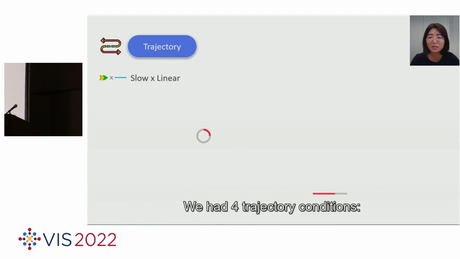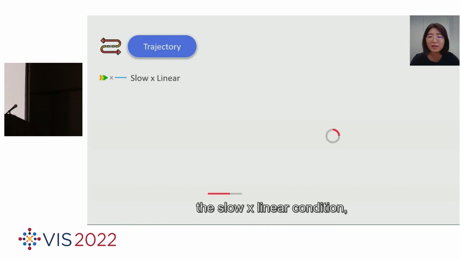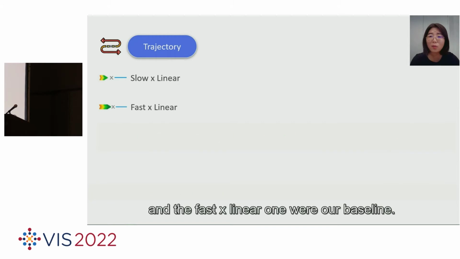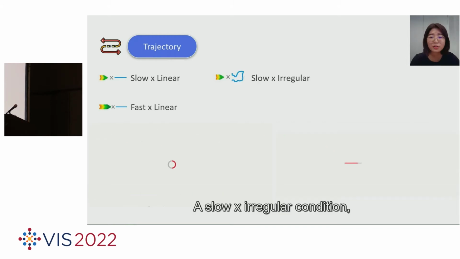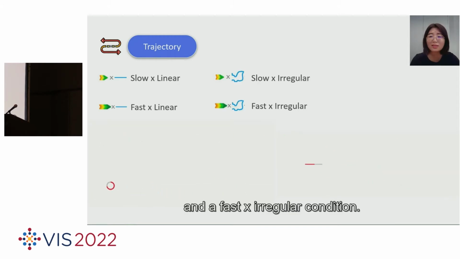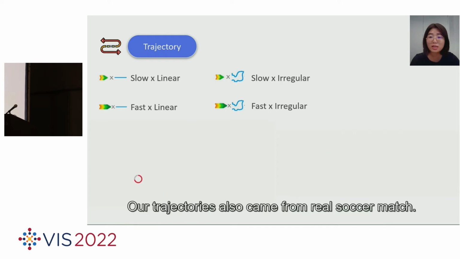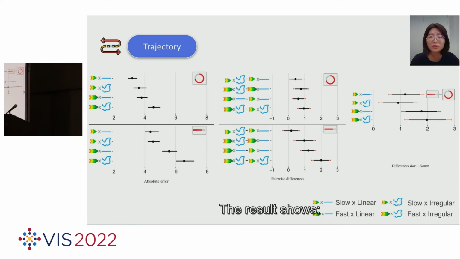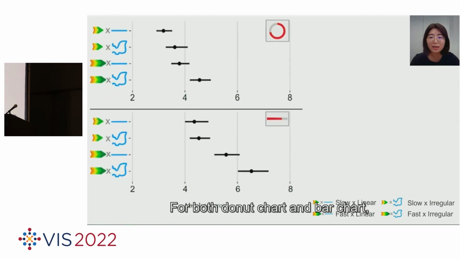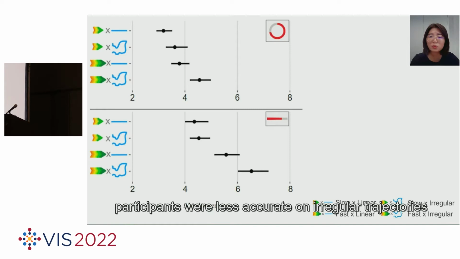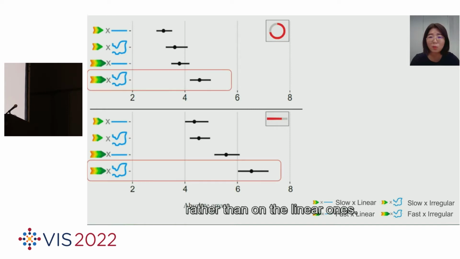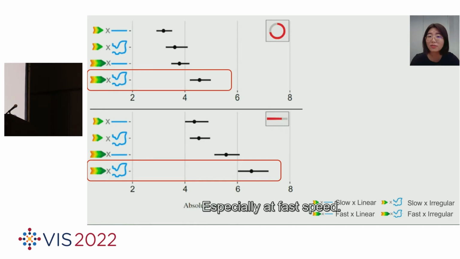We had 4 trajectory conditions, the slow linear condition, and the fast linear one were our baseline, a slow irregular condition, and a fast irregular condition. Our trajectories also came from a real soccer match. The result shows, for both donut chart and bar chart, no matter how fast the speed was, participants were less accurate on irregular trajectories than on the linear ones, especially at fast speed.